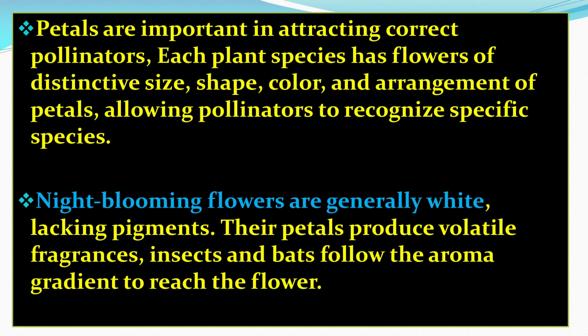Now, generally if you look at nature, some flowers bloom at night. Night blooming flowers are usually white in color, they lack any pigment, as found in Tagoro, Tabernamontana, and some other plants.